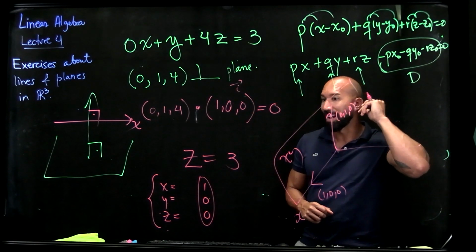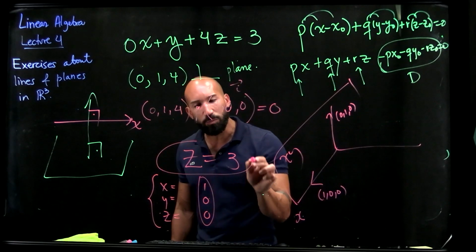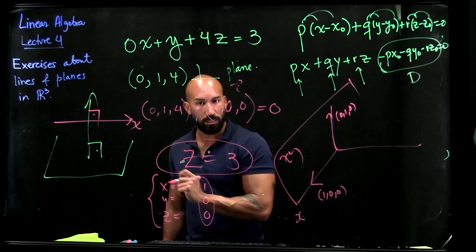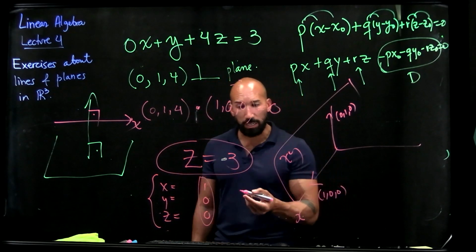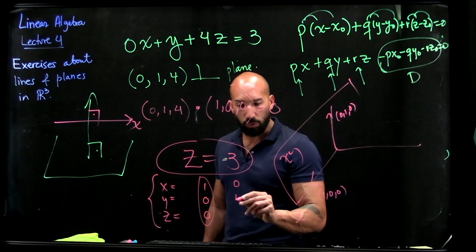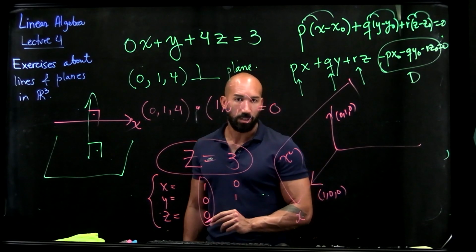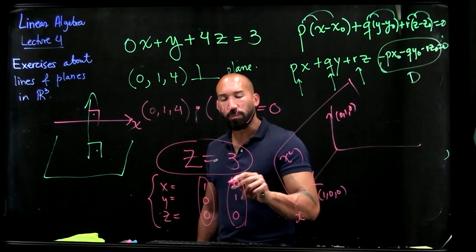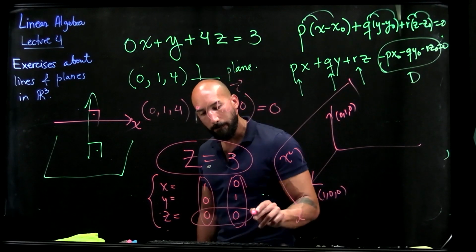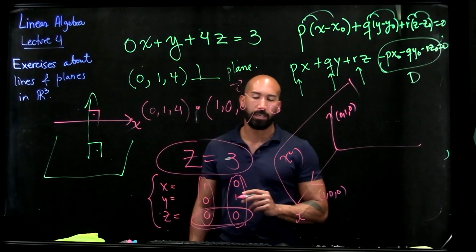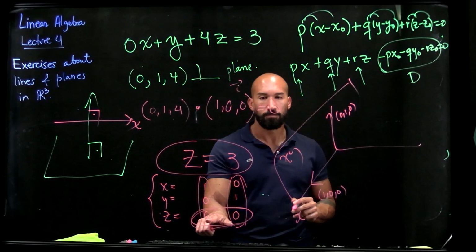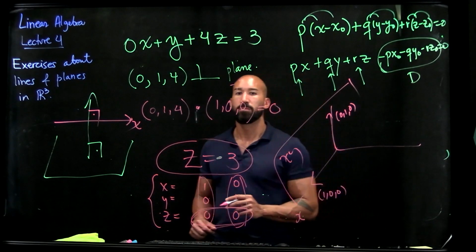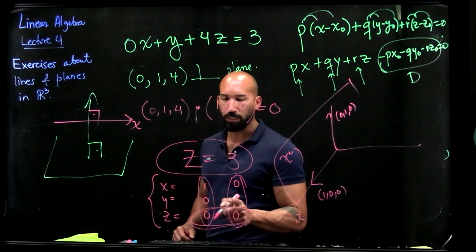Okay? But in this case, we can say a little bit more. If we are missing x and we are missing y, now we can say that the second vector can be 0, 1, 0. Yes or no? But there is something common to my two vectors here, that the third component of both is 0.